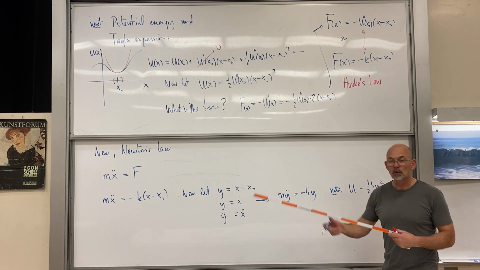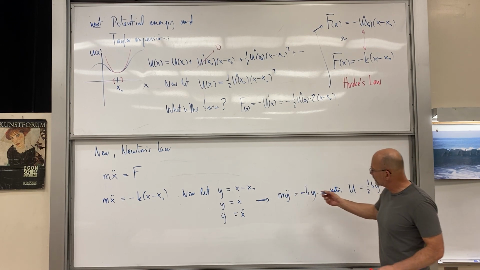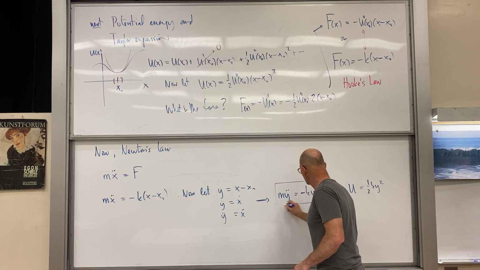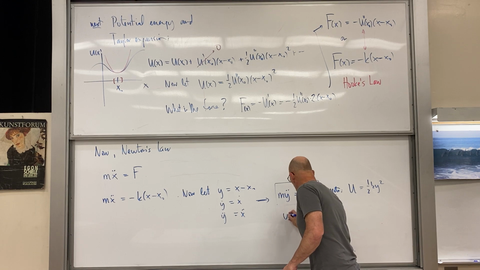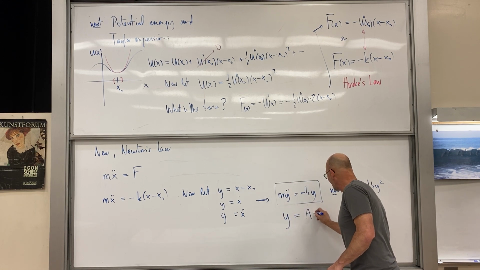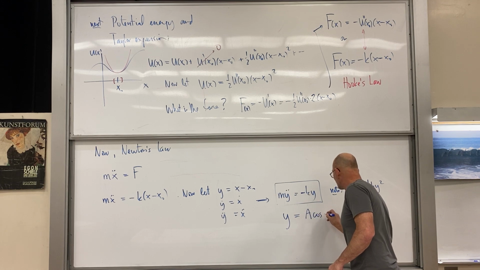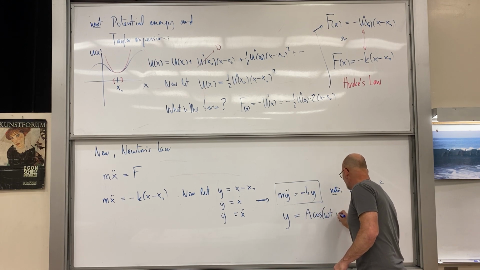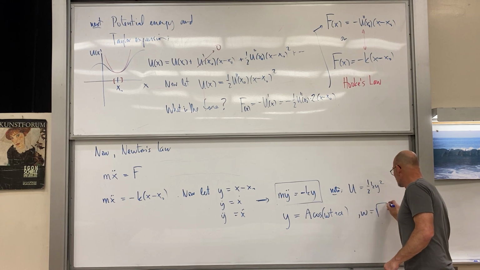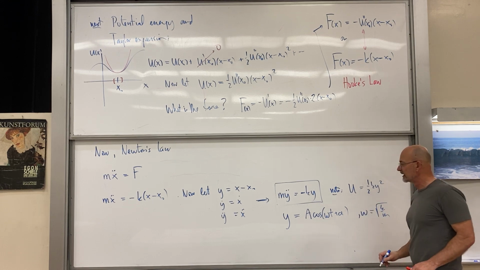We did the whole quadrature for that. And so since we have this differential equation and we know its solution, we can just write y is equal to a cos of omega t plus alpha, where omega is equal to root k over m.